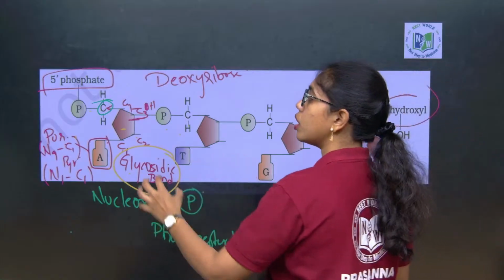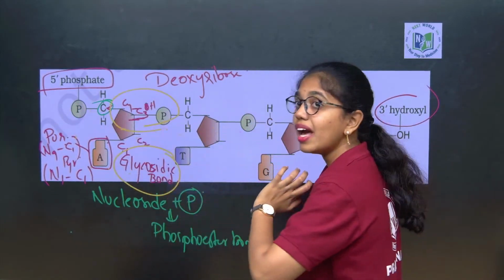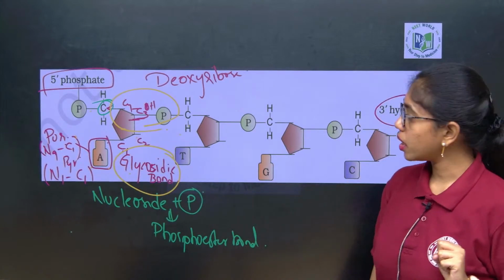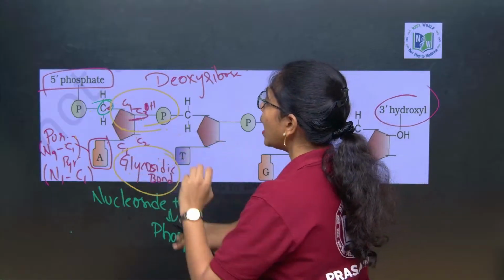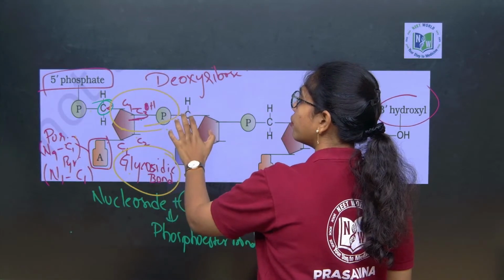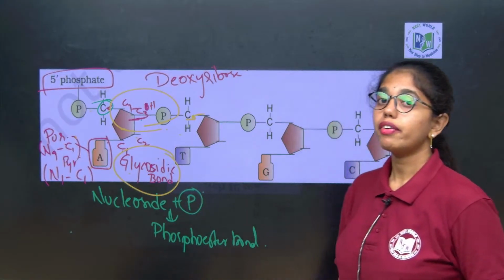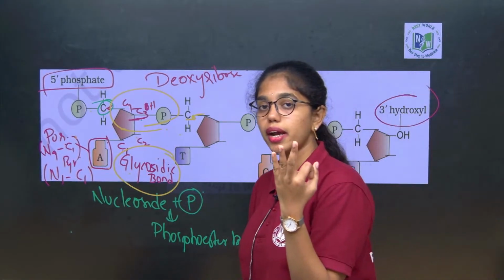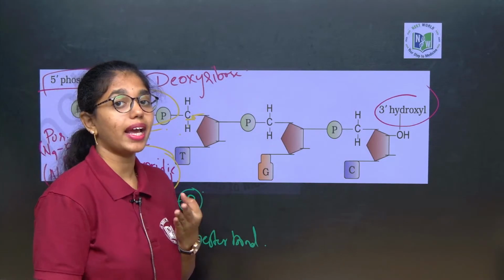For the formation of 2 nucleotides we need a phosphodiester bond as well. The phosphodiester bond is between the 3' carbon of one nucleotide and the phosphate group at the 5th carbon of the successive nucleotide. So for a dinucleotide, how many bonds do we require? Glycosidic bond, phosphoester bond and phosphodiester bond.